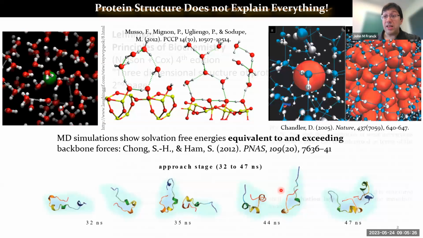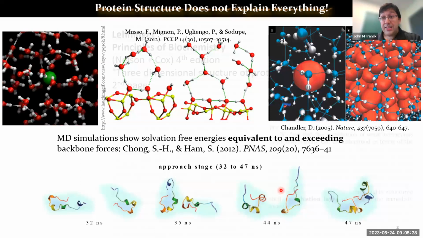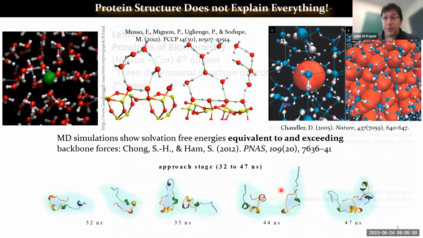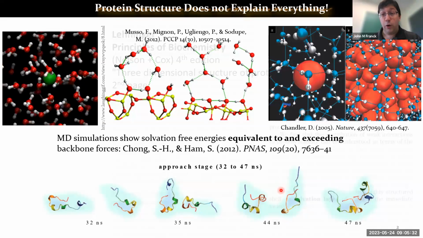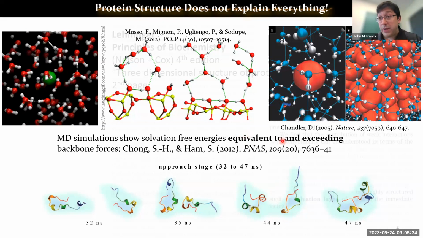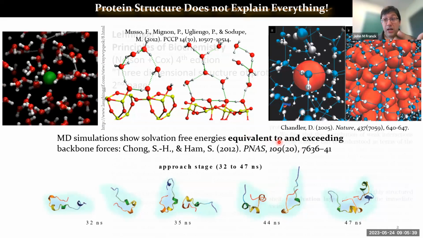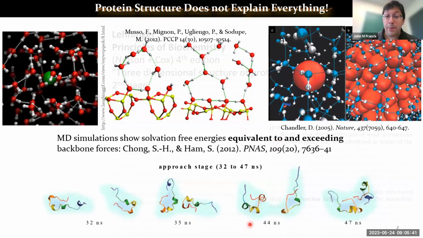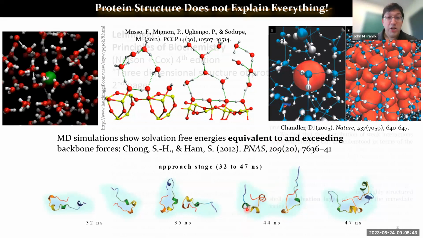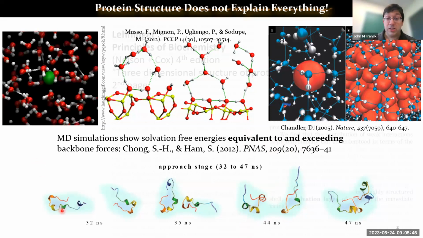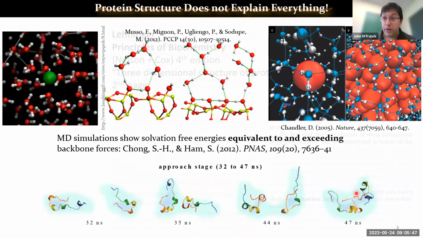And what they found is that the hydration water was contributing a chemical potential driving this process forward that was at least as big as, and at certain points in the process much larger than, the energies coming from the peptide backbone itself, right? So this is something very complicated, but this is also something that we absolutely want to address, right?